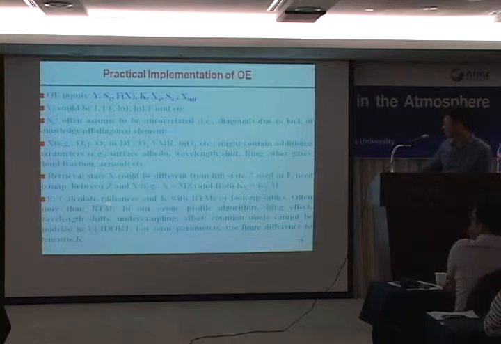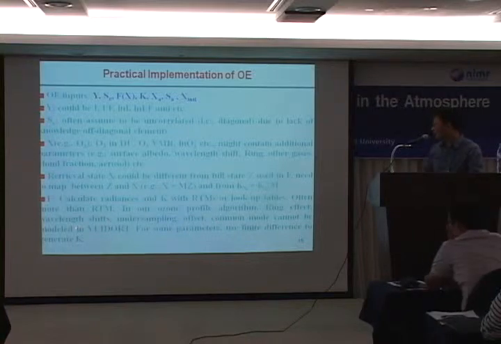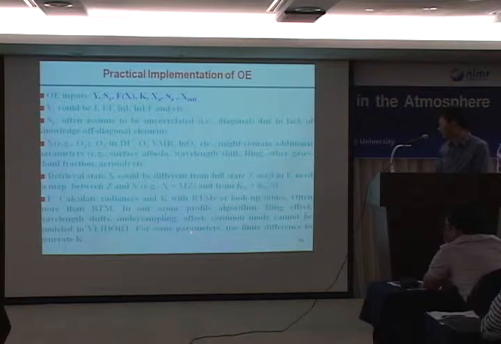For the forward model, it could be a radiative transfer model, or lookup tables of the radiances and weighting functions. In our ozone profile retrieval, we have to include other things which can be modeled with the radiative transfer model.